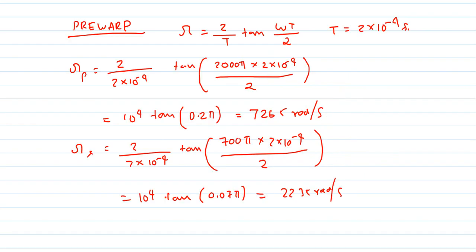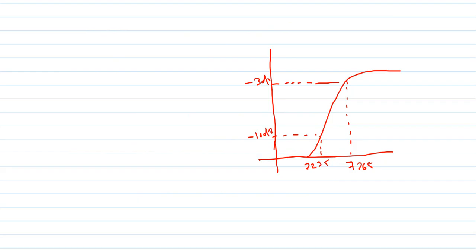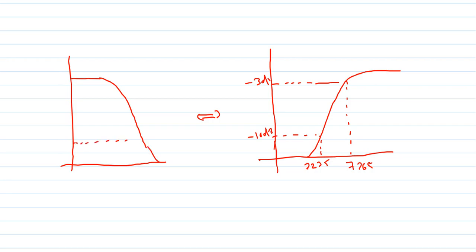To design this high pass filter, the first step is always designing an equivalent low pass filter. So this 10 decibels will come here, and at 10 decibels it will be reversed.